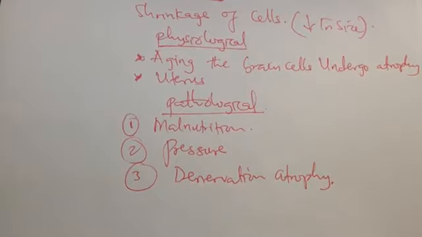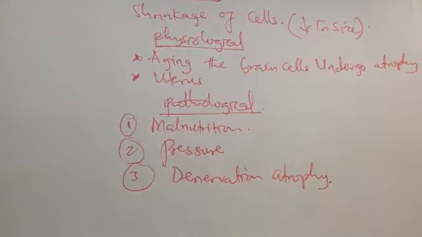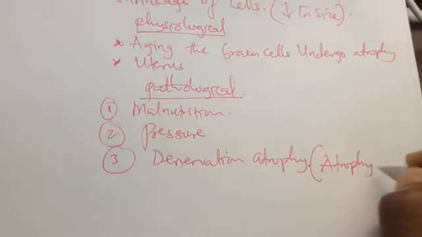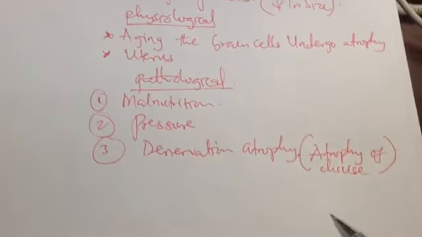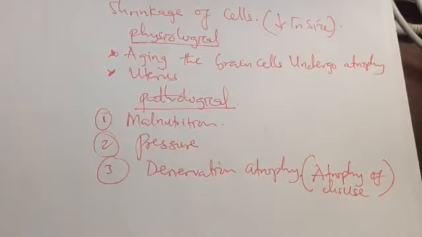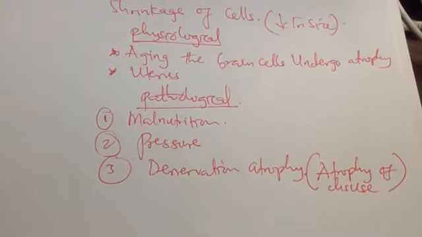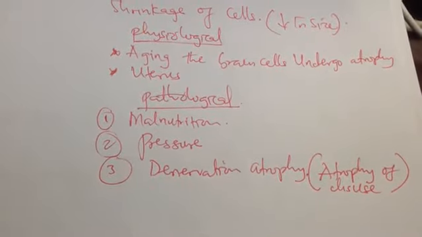So definitely the cells of the muscle will undergo shrinkage because they are not used. That is also called atrophy of disuse. Because the nerve that is supplying the muscle has undergone paralysis, the muscle can no longer be used, and if they are not used, the muscle will undergo atrophy.